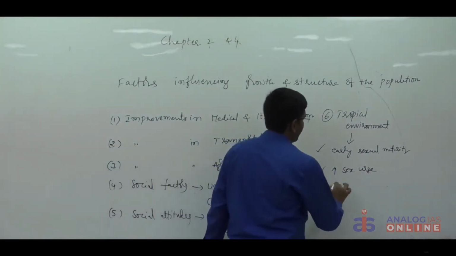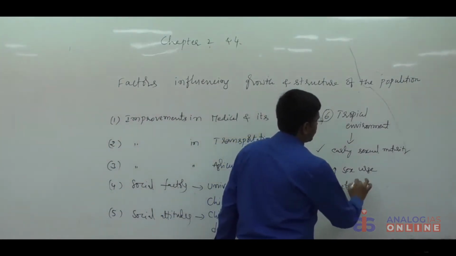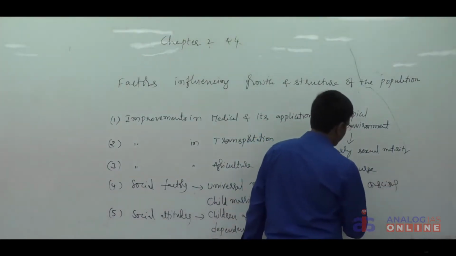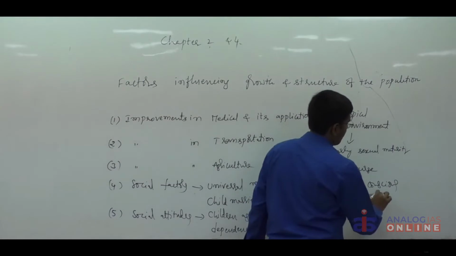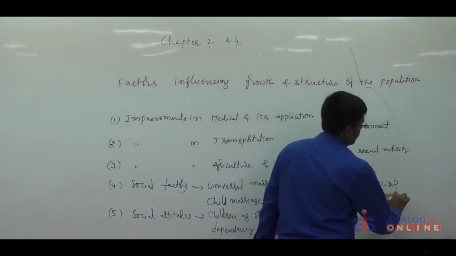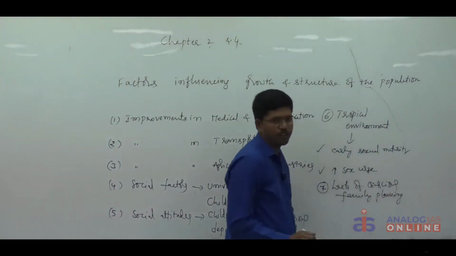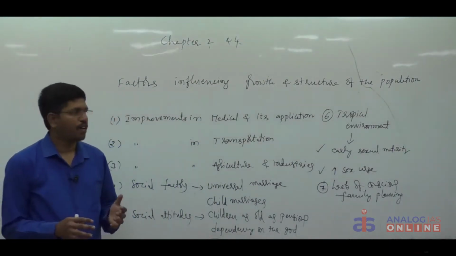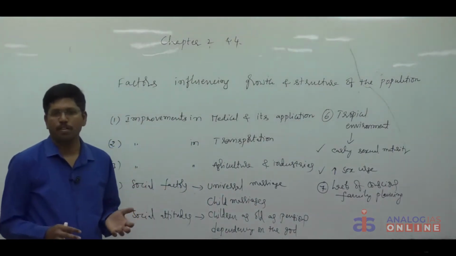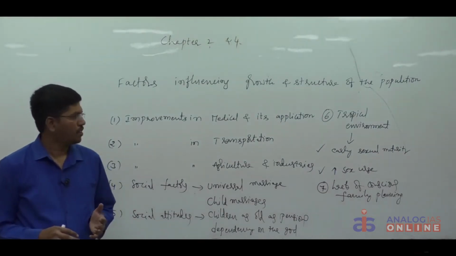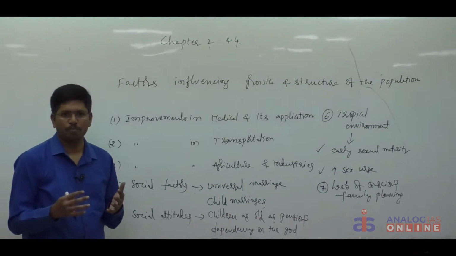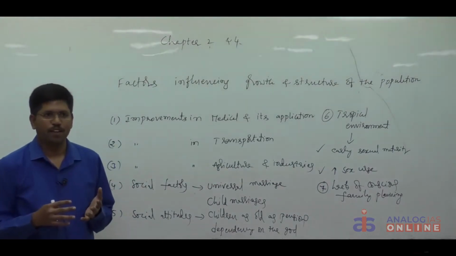Apart from this, lack of conscious family planning. Especially if you go to rural areas, the availability of different varieties of family planning practices is not known to the people there. Even in case of existence, there is social stigma, prohibition from the inner side.